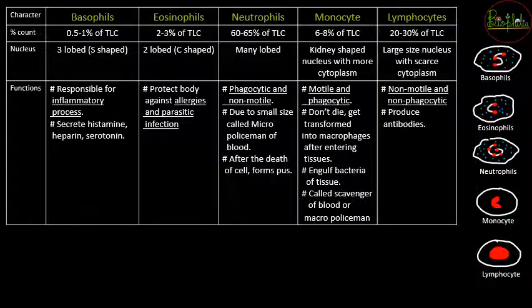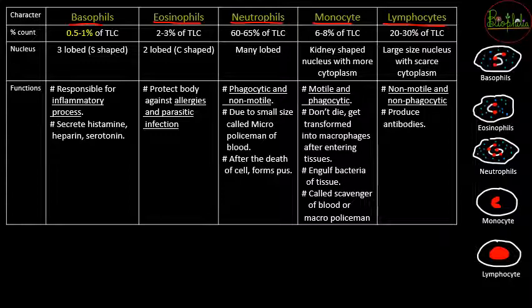तो यहाँ पे एक टेबल फॉर्म है wherein you are going to understand in comparison for all, वो basophils हो या they are eosinophils, neutrophils, monocytes और lymphocytes. You are going to compare them at a single place so that it is easier for you to remember. So basophils जो होते हैं उनका जो contribution होता है it is going to be 0.5 to 1% of the total leukocyte count. तो total जितने भी WBCs होंगे out of that basophils is going to be about 1%.